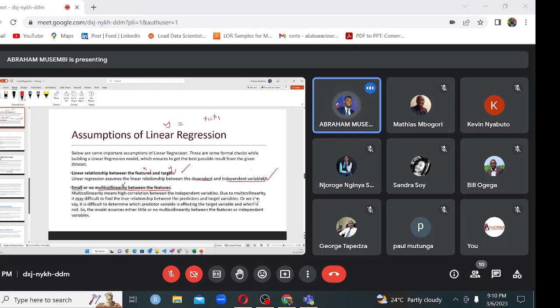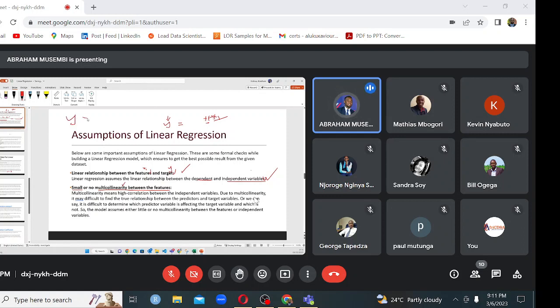We should not have any high correlation between these two variables. Why? Because it will be difficult to know which independent variable is affecting y, or affecting what? Our output.